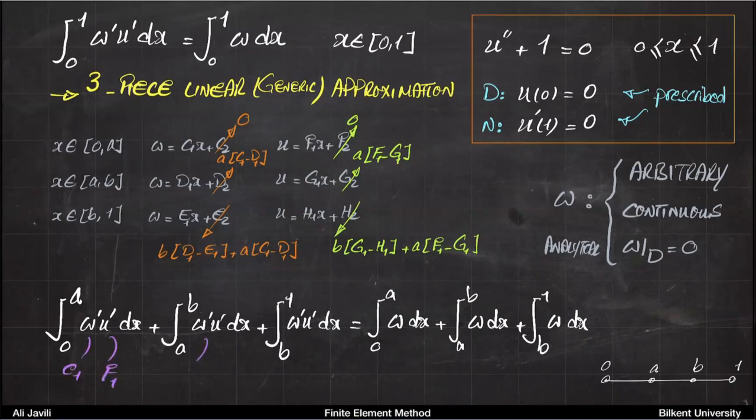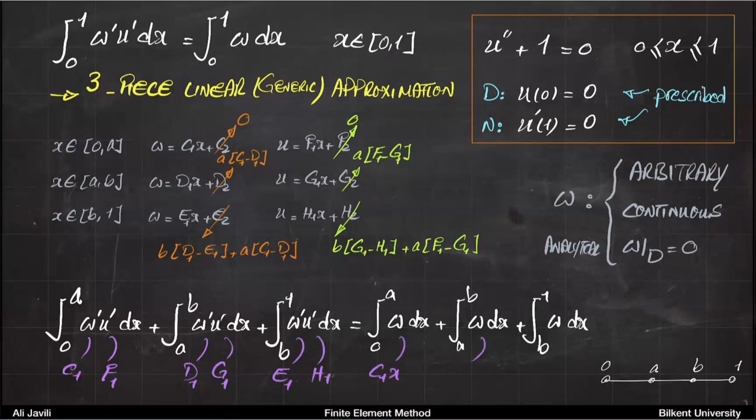In the second region, W prime is D1, U prime is G1, then E1 and H1 in the third region. Now here in the first region, W is C1 X.